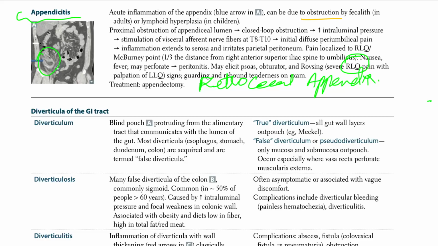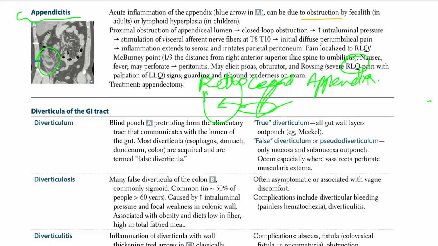So if the cecum is here, instead of the appendix being here, it is behind this. So if you do all of these examinations, you're not going to have a lot of pain, even in your palpation, because on examination you're not even pushing on the appendix, so you're not going to have pain.